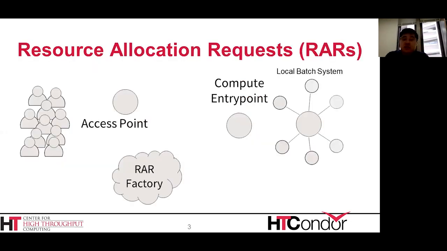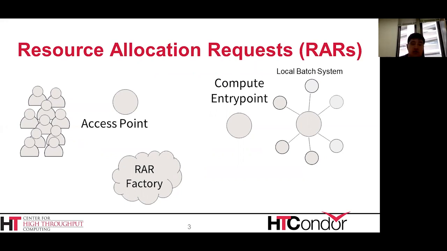But to give everybody some context, HTCondor-CE is or can be a critical service in a distributed high throughput computing environment. It is one of the many services that should be run. On the left-hand side, you may have a user community that has login access to an HTCondor access point.